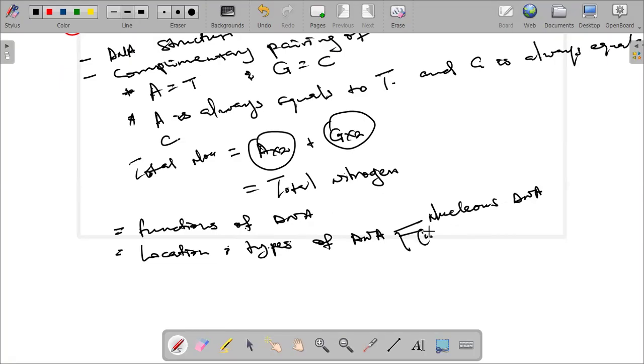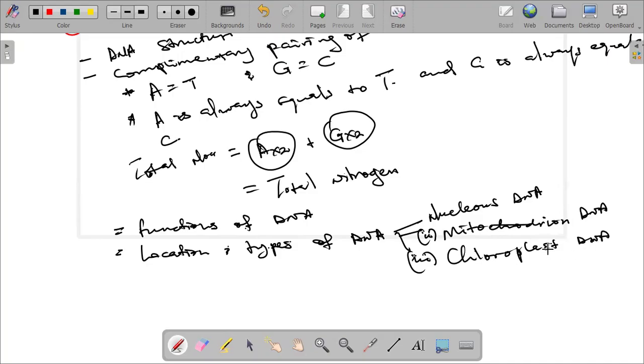We have mitochondria DNA, and then we have the third one, which is chloroplast DNA. Those are the three types of DNA that we have.